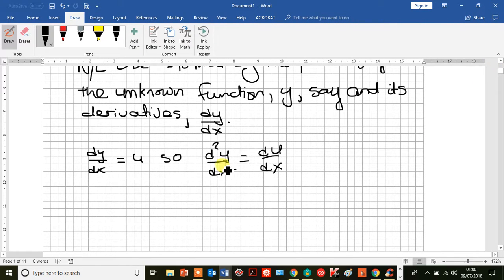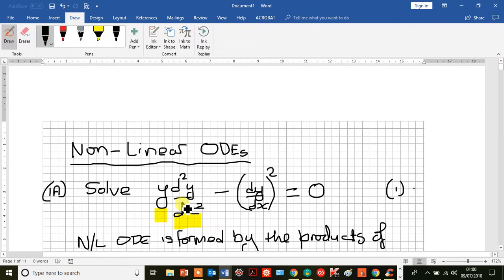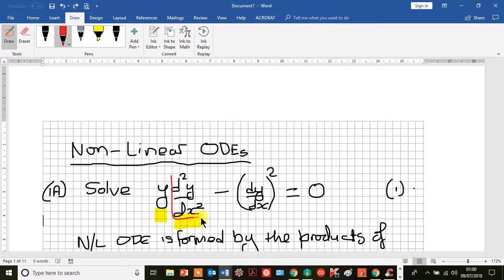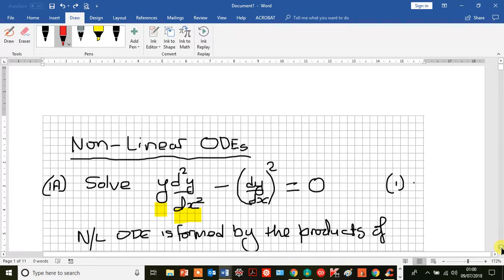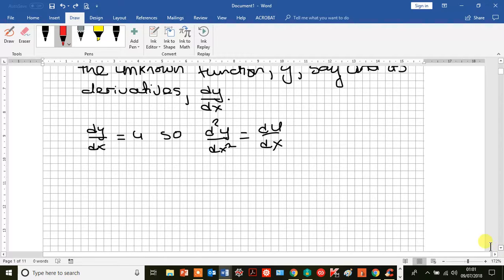Well, we've got a d squared y by dx squared term here, and I knew to do that because we have a d squared y dx squared term here. Let's write that in red. So this term is d squared y by dx squared there. So that's why I differentiated what we had with respect to x once again, so that we get a term for du by dx being equal to d squared y by dx squared.